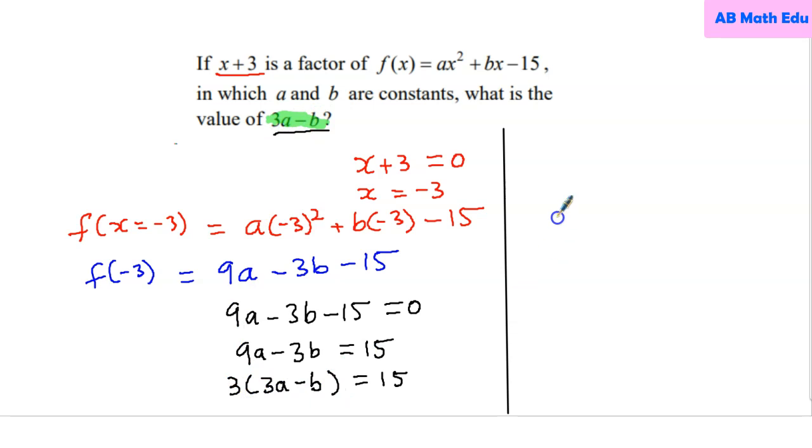It's being multiplied, so we're going to divide both sides by 3. This will turn into 1, leaving us with 3a minus b, and 15 divided by 3 is 5. So in this case, we have been able to find 3a minus b, and that equals 5.